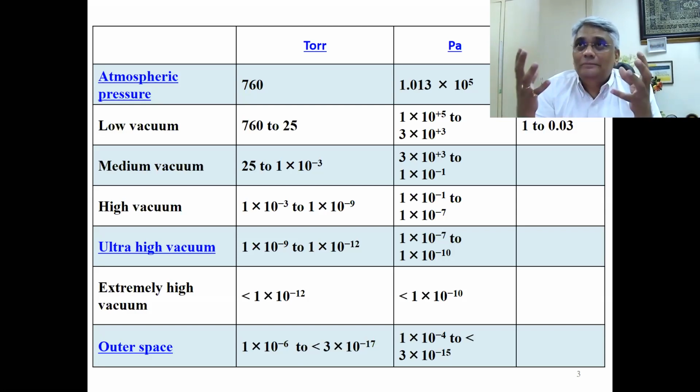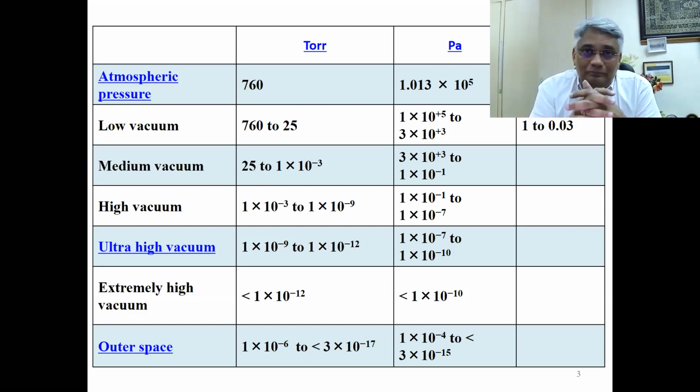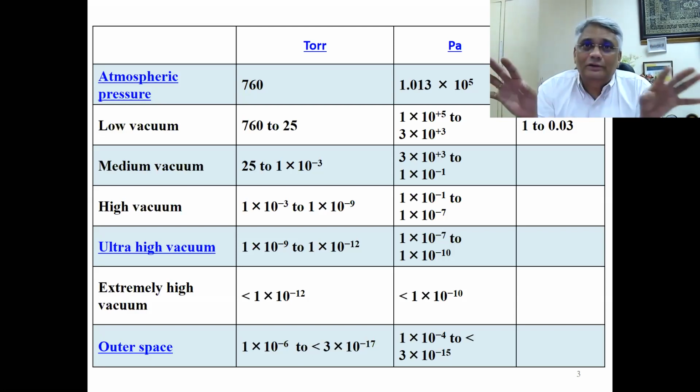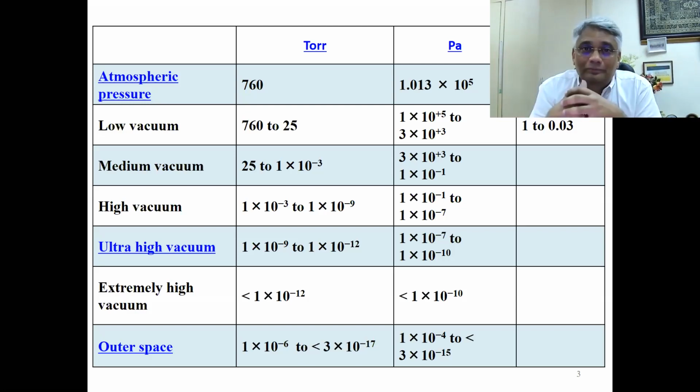The amount of sound energy generated there could kill all the inhabitants on Earth, if not for vacuum, because sound doesn't travel through vacuum, whereas light does. So this vacuum level in outer space makes life possible on Earth.